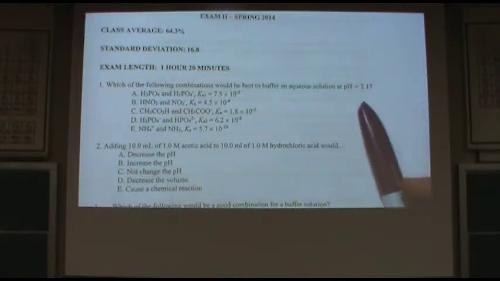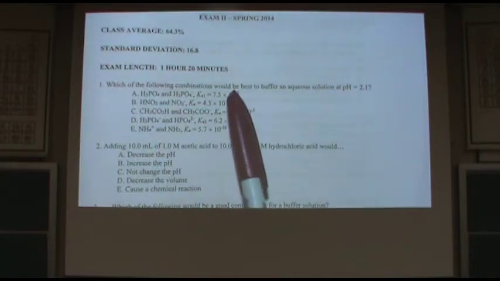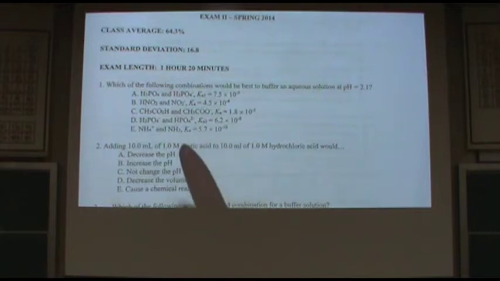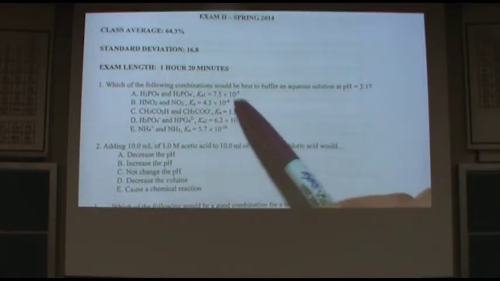To buffer a solution, you want the pKa of the buffer to be as close to the pH as possible for the buffer to be most effective. That way it could best buffer the solution. So what I would do is take the negative log of all these numbers. The pKa that is closest to the pH is going to be your answer. Probably A because of the -3 there.